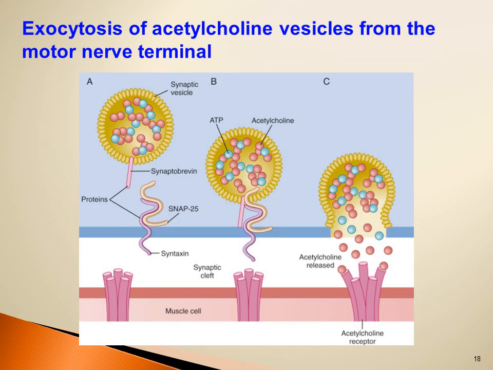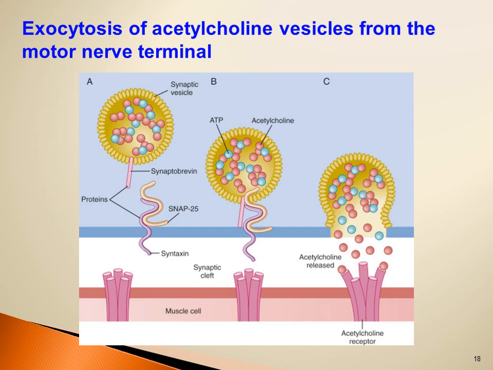The exocytosis of acetylcholine vesicles from the motor nerve terminal is mediated by the interaction of different membrane proteins called the SNARE proteins. This is a family of membrane proteins. Some of them are present in the synaptic vesicle membrane, and others are present in the presynaptic membrane.